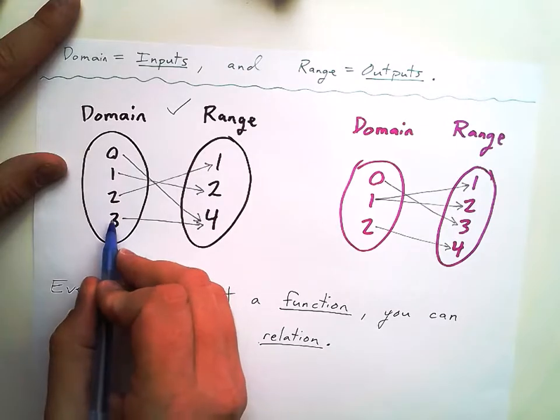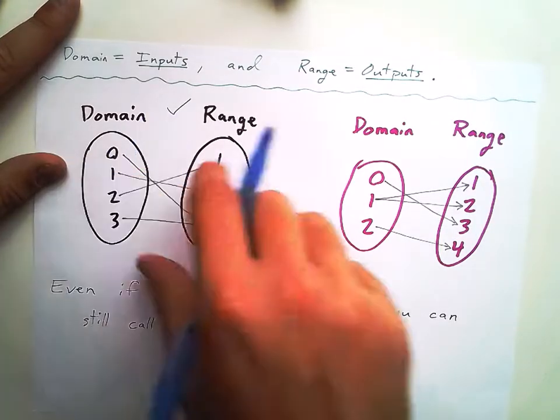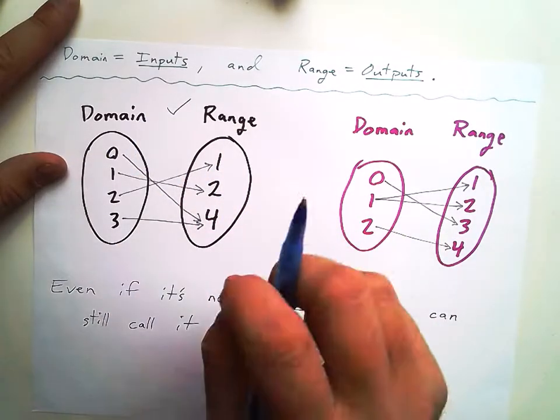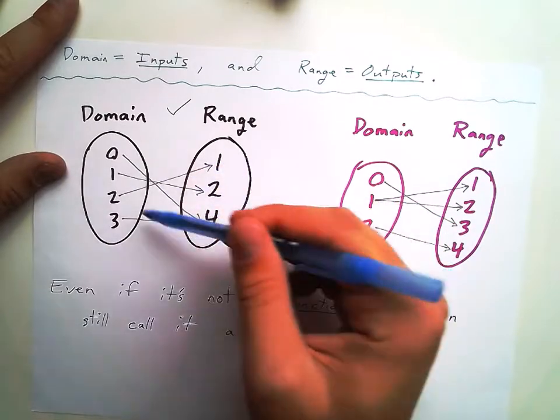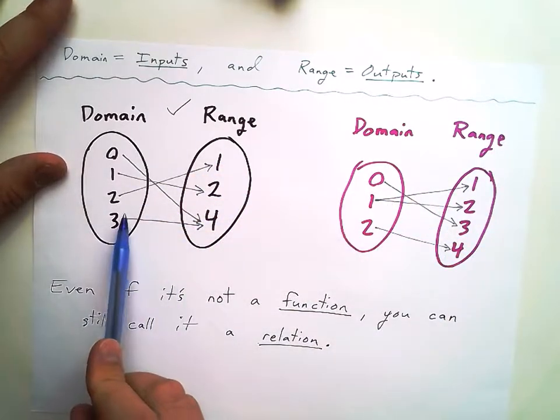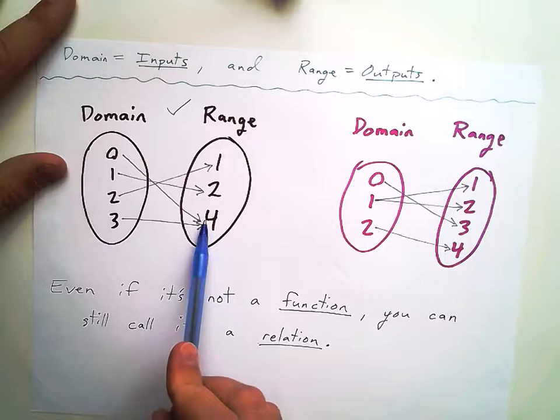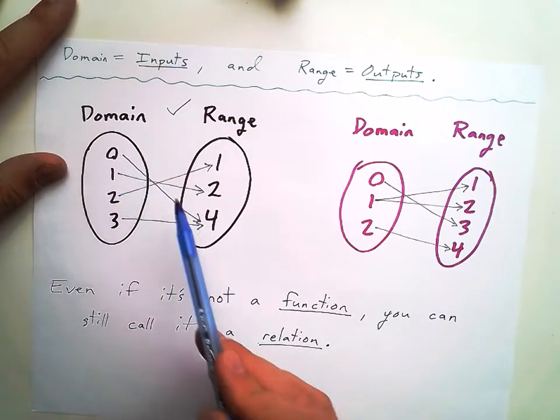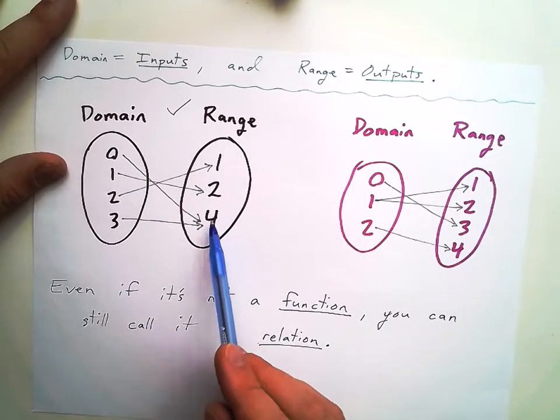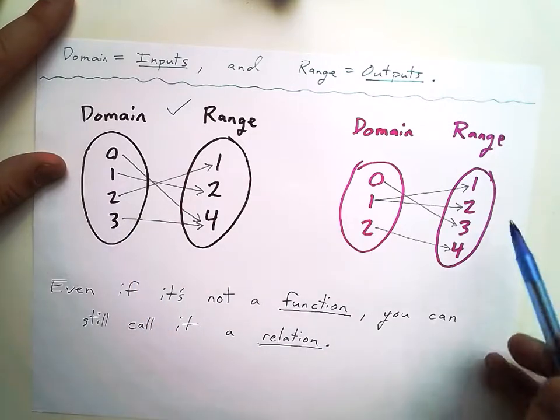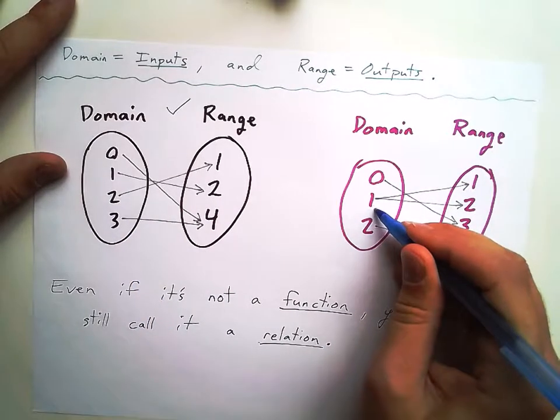But there aren't any input values with two different arrows going different places. So it's good. It's a function. It's okay that 0 and 3 both go to 4, because that's the same output for different inputs. That's allowed. What's not allowed is this right here.